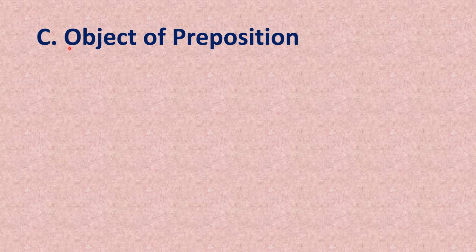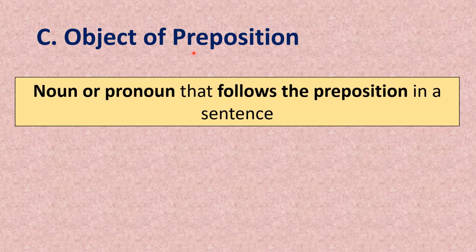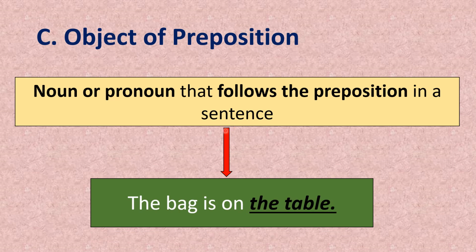Let's talk about the third category, which is object of preposition. It may be defined as a noun or a pronoun that follows the preposition in a sentence. For example, the bag is on the table.